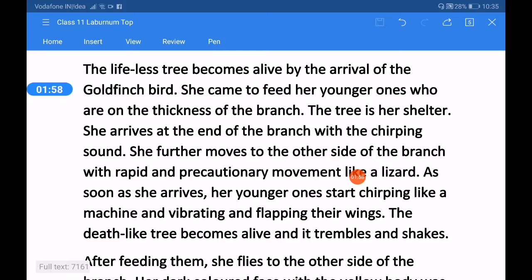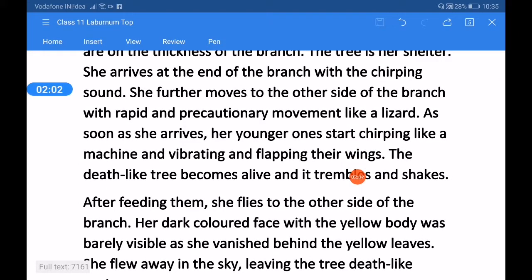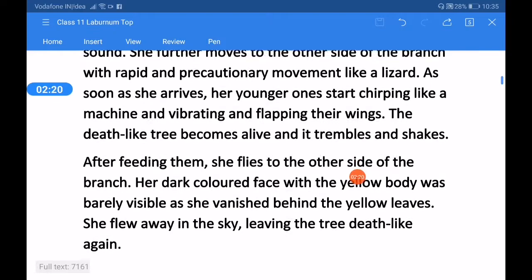The tree is her shelter. She arrives at the end of the branch with a chirping sound. She further moves to the other side of the branch with a rapid and precautionary movement like a lizard. As soon as she arrives, her younger ones start chirping like a machine, vibrating and flapping their wings.